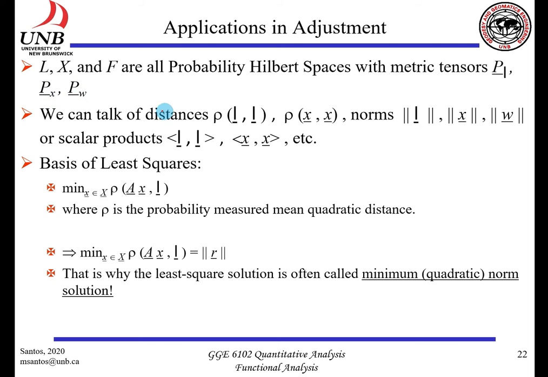We can also have a weight matrix for the misclosures. To be strict in following the functional analysis jargon, I should call these metric tensors, but that's how we call them in adjustment. This is the inverse of the covariance matrix of the misclosures.